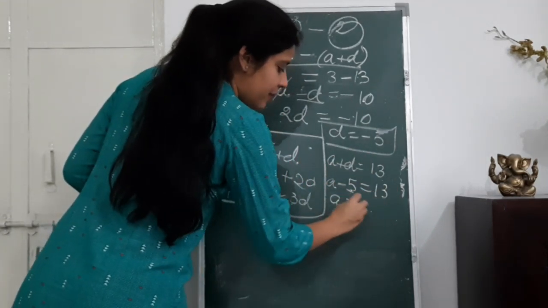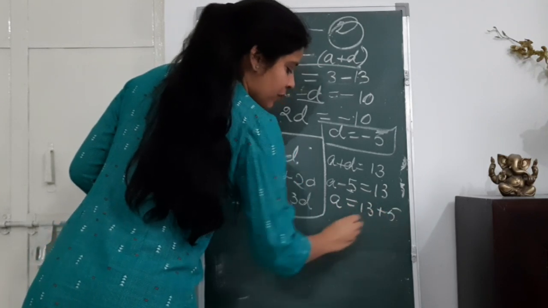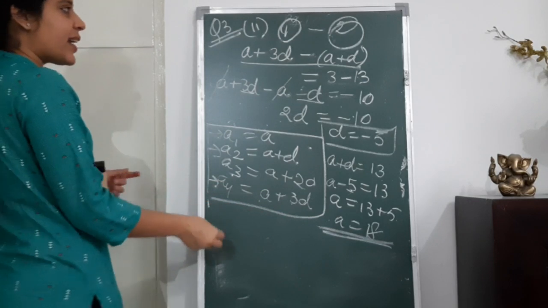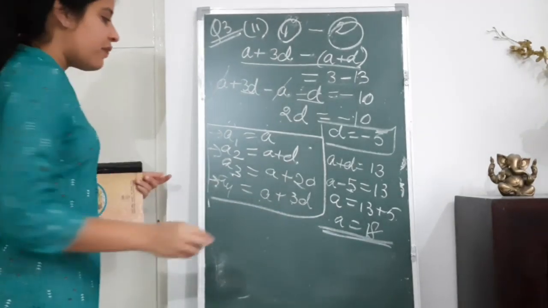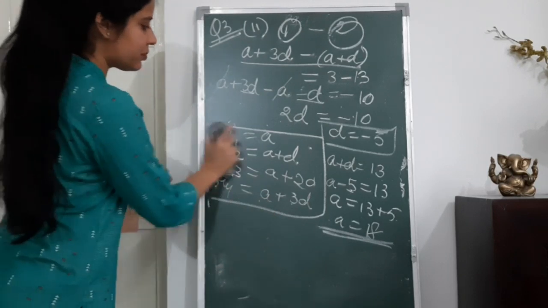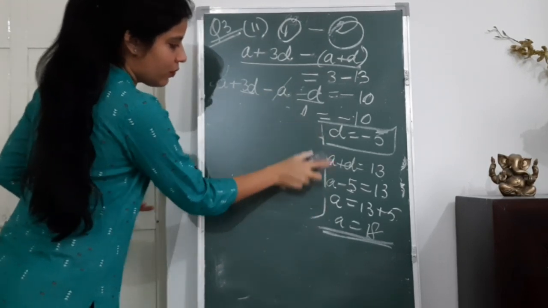So a will be equal to 13 plus 5, which is 18. So that is how I get the first term of this AP, which is equal to what?